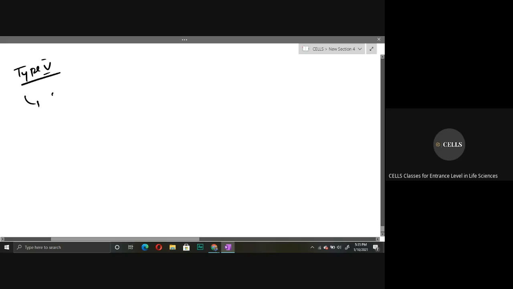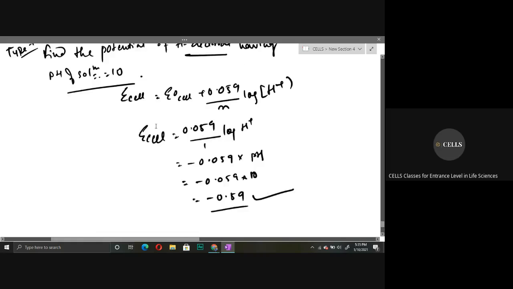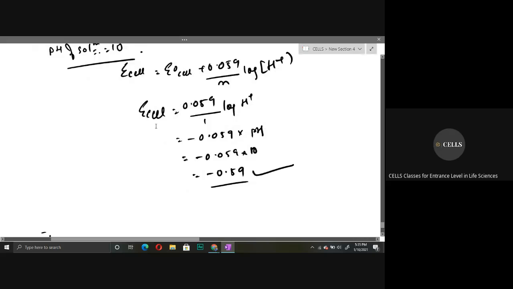Why minus? Because minus log of H plus is equal to pH. In order to get minus log H plus for the pH, we are actually multiplying by minus.